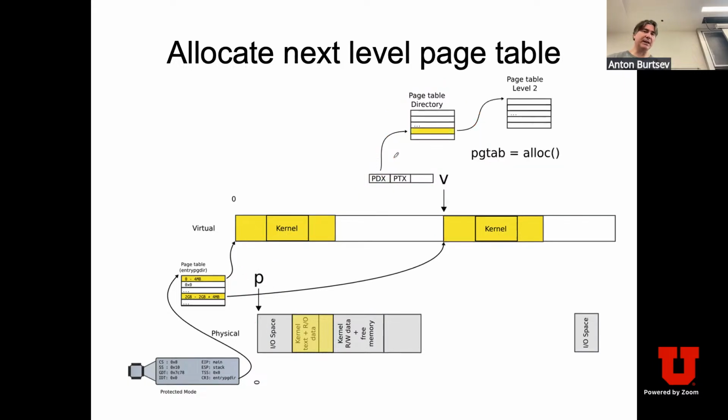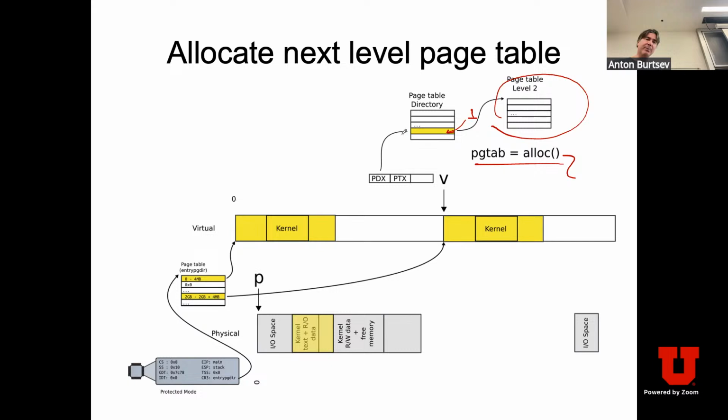So imagine this entry is this one, yellow. Then you say, look, depending on whether this entry is present, whether the bit is 1 or not, it may be that the second level is allocated or not. If it's not allocated, we allocate it. This goes into the memory allocator, to that linked list which we created, and allocates the second level page table.